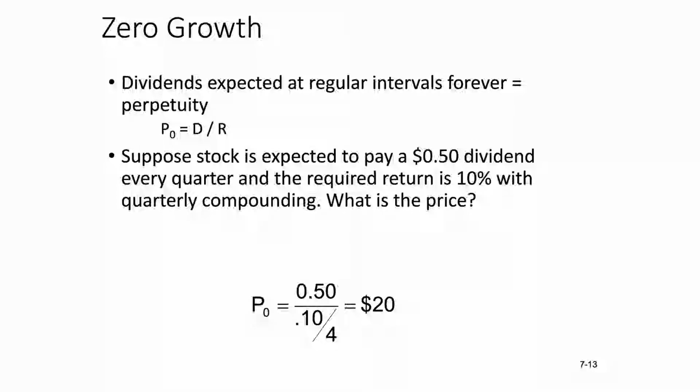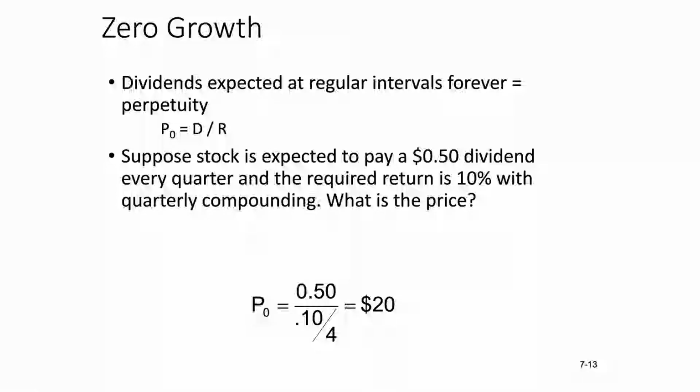So how do we do it? We use the perpetuity formula. The value of the stock today, 0 means today, is equal to the dividend 0.5 divided by 10% divided by 4, or 0.1 divided by 4. Since we are using a formula, we use decimals. You cannot divide by 0.1 because it's an annual rate.